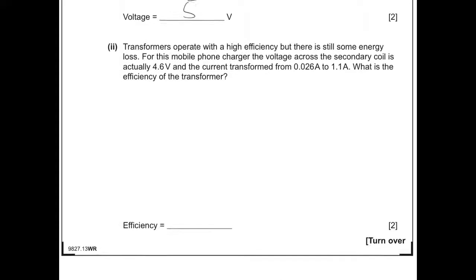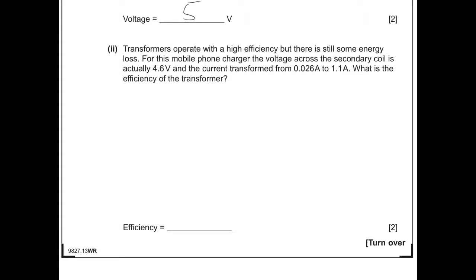Part 2 then, transformers operate at a high efficiency, but there is still some energy lost, and for a mobile charger the voltage across the secondary is actually 4.6 volts and the current goes from 0.26 to 1.1. Okay, so efficiency, remember, is power out over power in. And so we need to do VS-IS, which will be the power out, over VP-IP, which will be the power in.